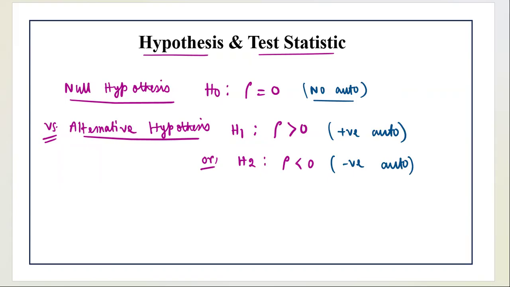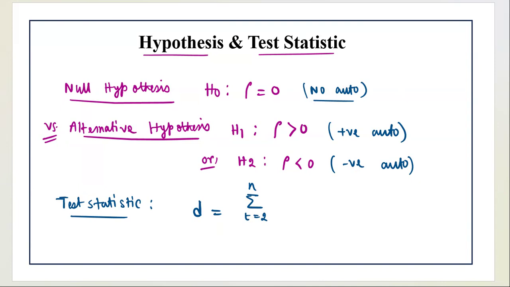And now the most important thing is the test statistic. What would be the test statistic? The test statistic under the null hypothesis H naught, rho equals 0, would be the statistic D, the small letter d, which is defined as the summation over t from 2 to n.